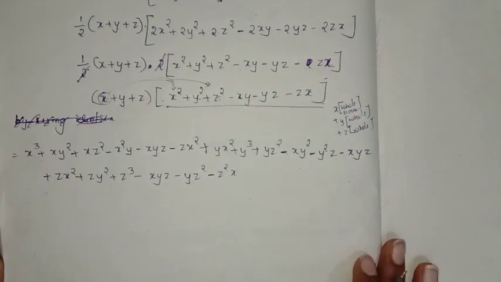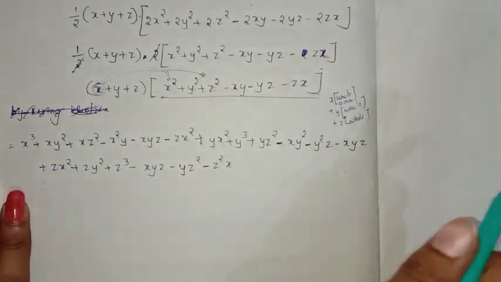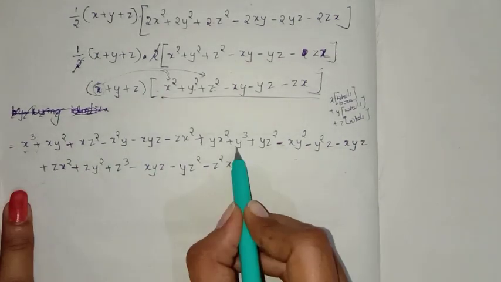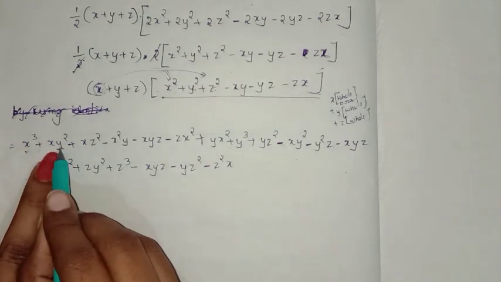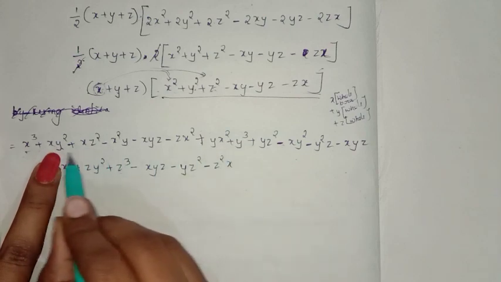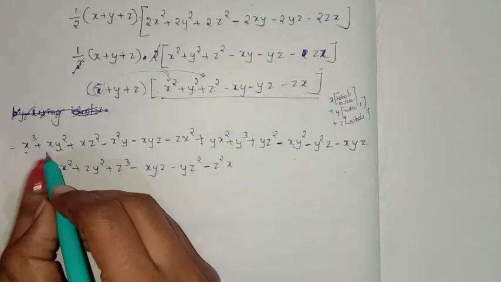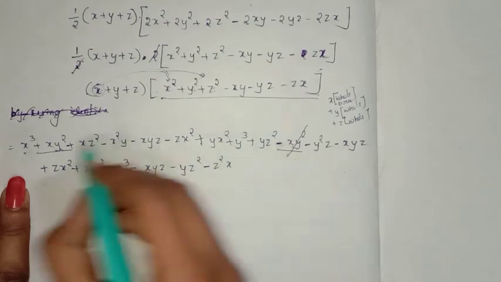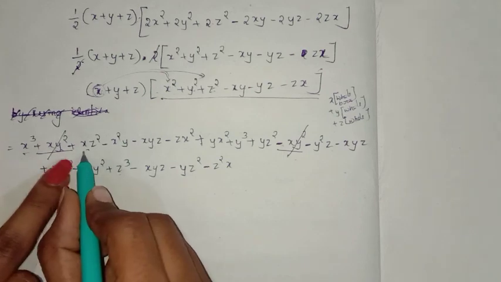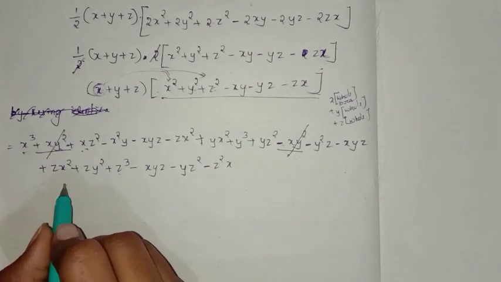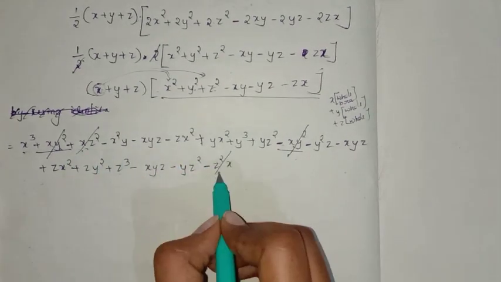So now every bracket is completed, multiplication over. Is there any common or cancelling terms? You have to observe. x cube is there, y cube is there, z cube is there, so that is the first term. Then what about x y square? Here it is positive and this is negative, so it gets cancelled. x z square, positive and negative, get cancelled.